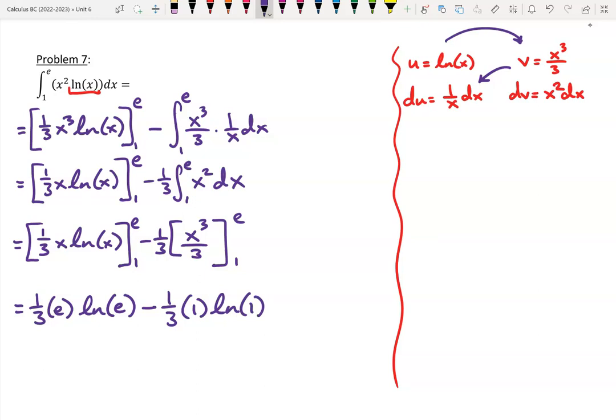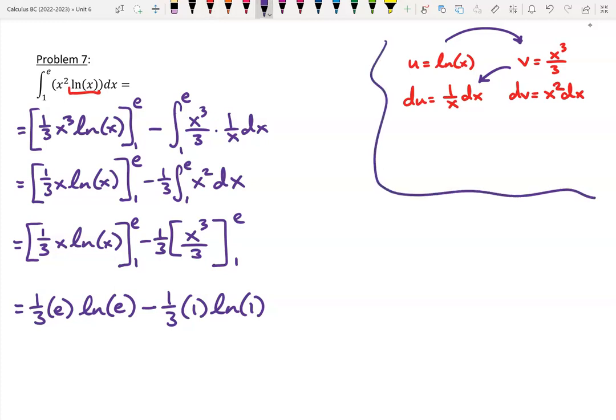And then that's going to be minus, so I can erase part of my line over here. That's going to be minus 1/3, or actually I can bring out that third, so that's going to be 1/9, and that's just going to be e cubed minus 1 cubed.